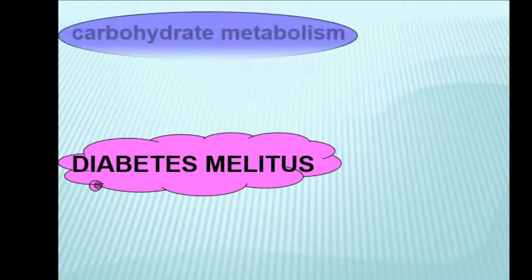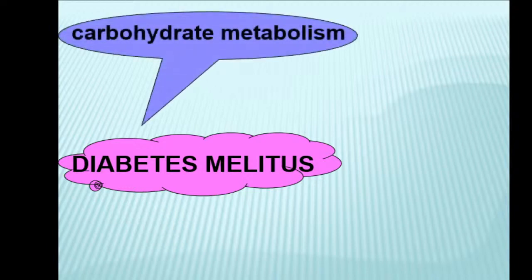Diabetes mellitus. First of all, we know it is a disease due to disordered carbohydrate metabolism, because insulin regulates the level of blood sugar, which is a carbohydrate.